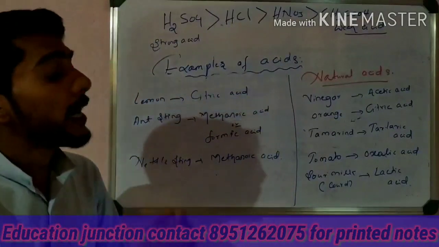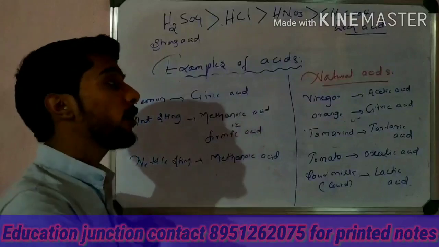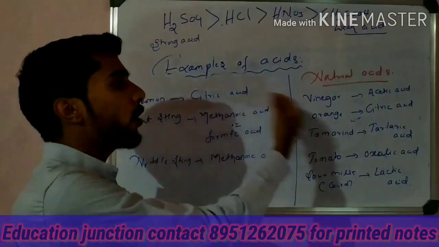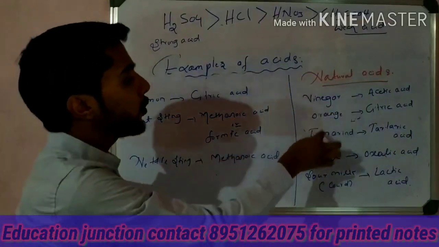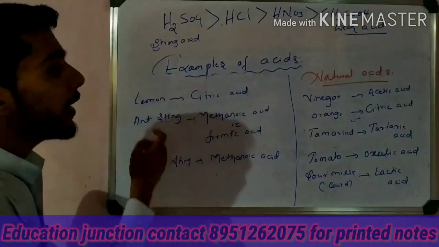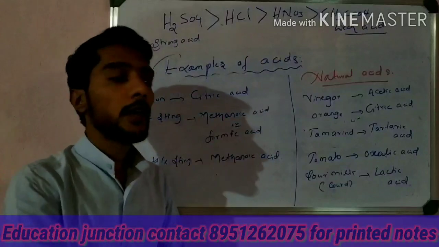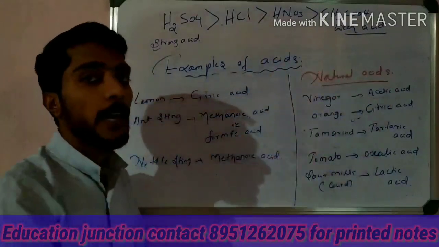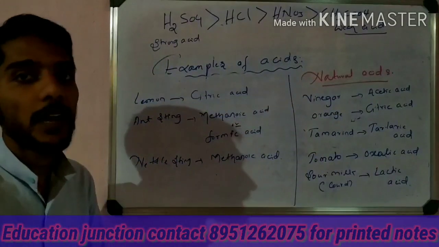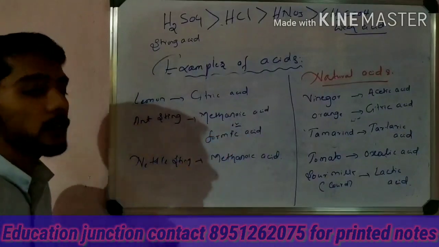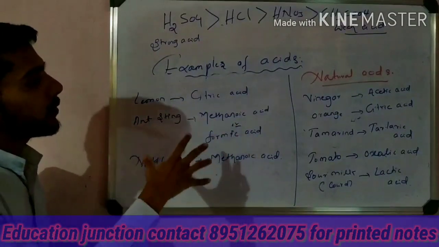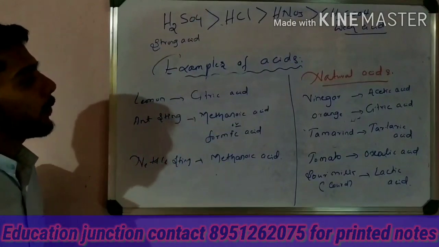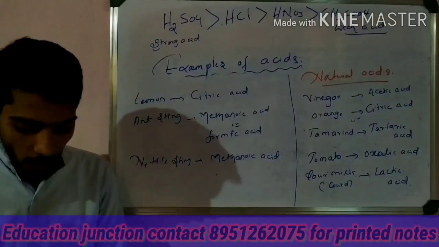Then we take natural acids, which are very important for examination. One mark multiple choice questions are asked from here. A total of 8 acids are given, with the fruits and the acid present in them. We have to remember all these things, so please note this in your copy. This is all about acids.